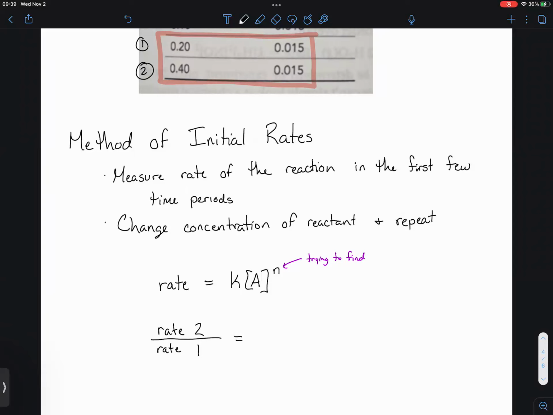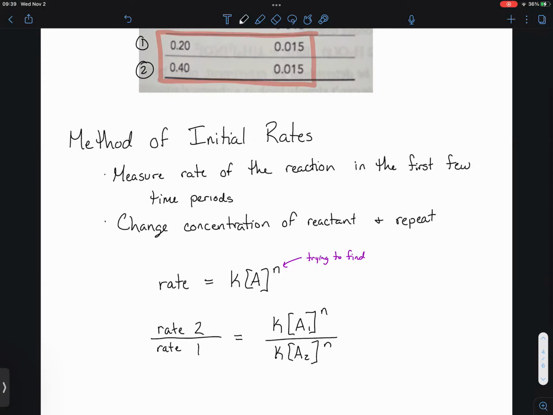Using my equation, that means I'm taking k times the concentration of A at that first point to the power of n, and then k times the concentration of A at the second point raised to the power of n. All I did was plug in my equation, just like I had here.